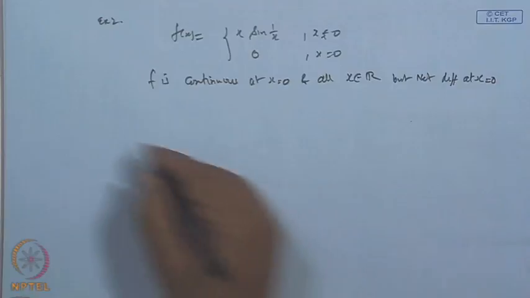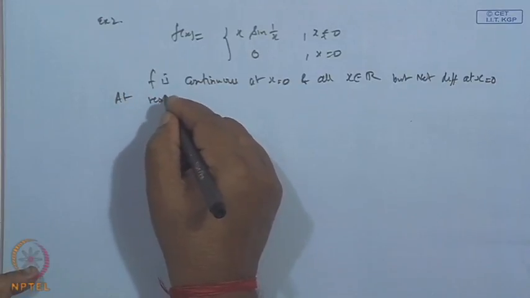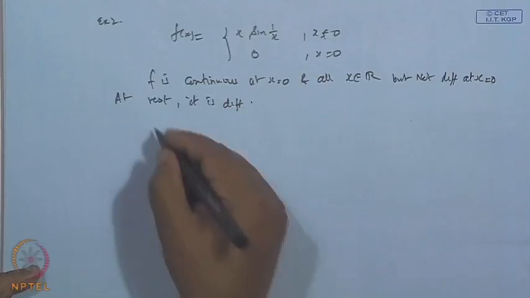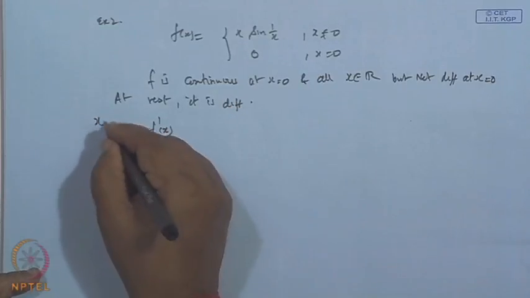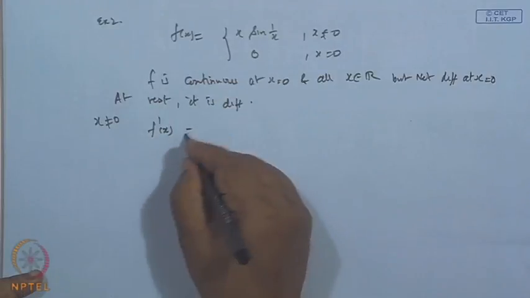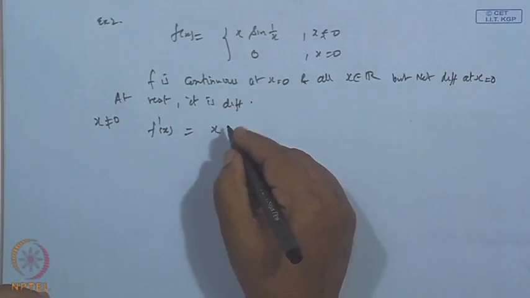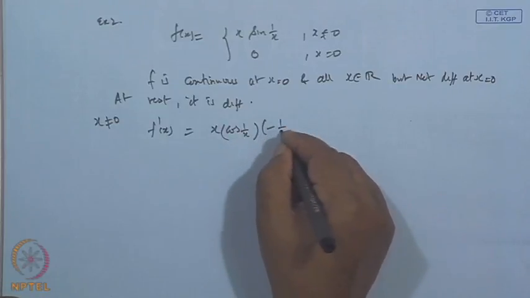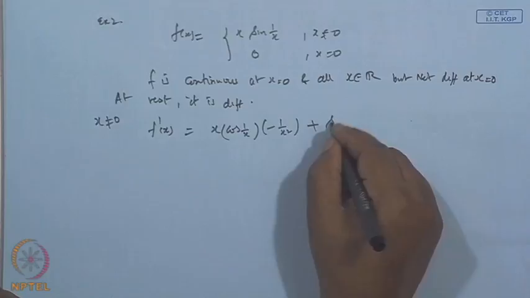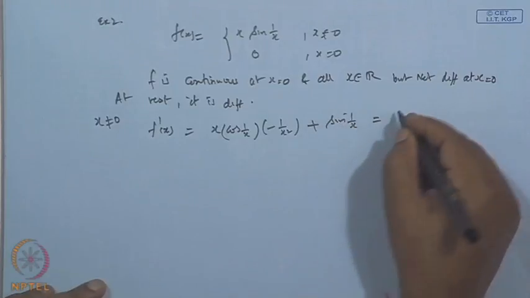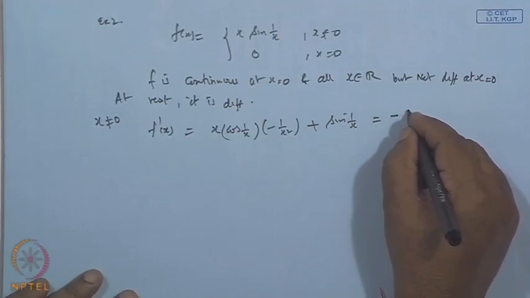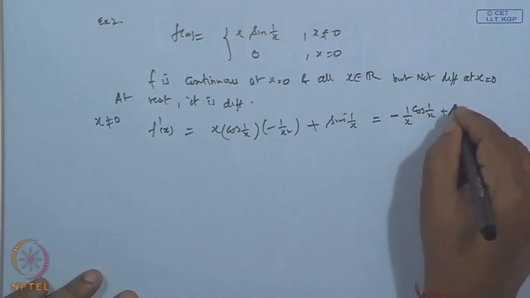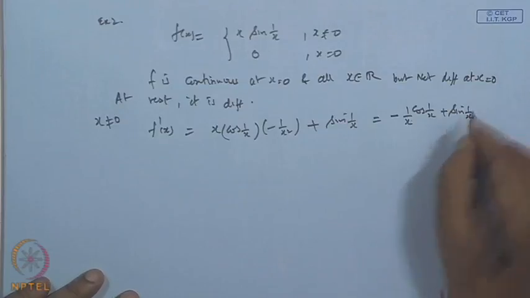At the rest of the points it is differentiable, because when you take the derivative for x different from 0, you can just apply the formula. For the first function x, the derivative of the second is cos 1 by x into minus 1 by x square, plus sin 1 by x. So the derivative will come out to be minus cos 1 by x divided by x, and then plus sin 1 by x when x is different from 0.